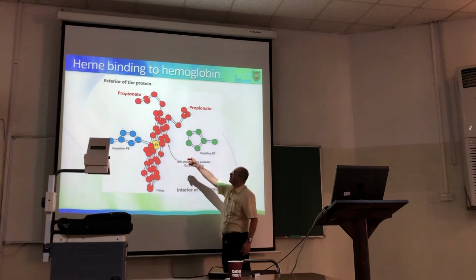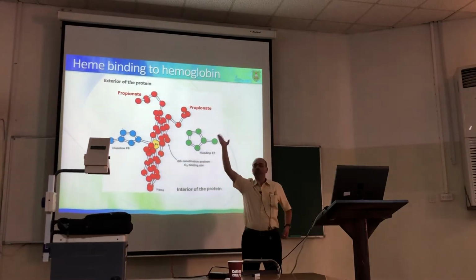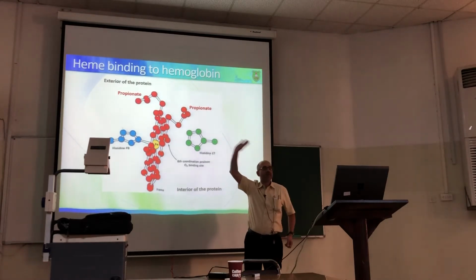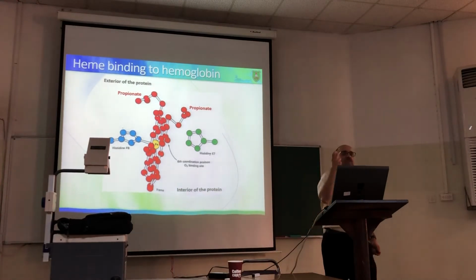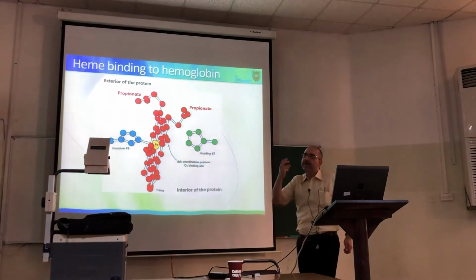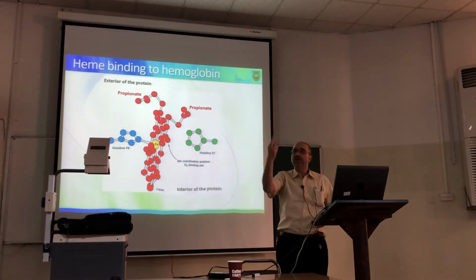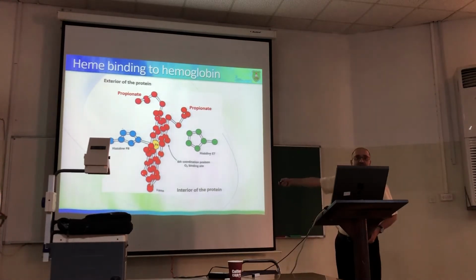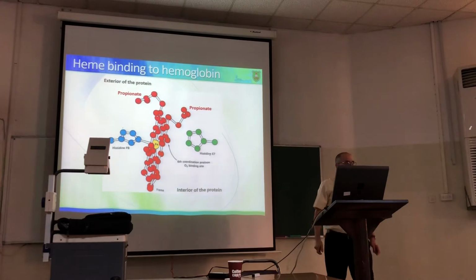The propionate structures are on top, oriented outward, interacting with the polar amino acids on the surface of the protein. So the interaction of heme with hemoglobin is stabilized by two forces: the hydrophobic interactions inside, as well as the hydrophilic electrostatic interactions with the propionate structures.